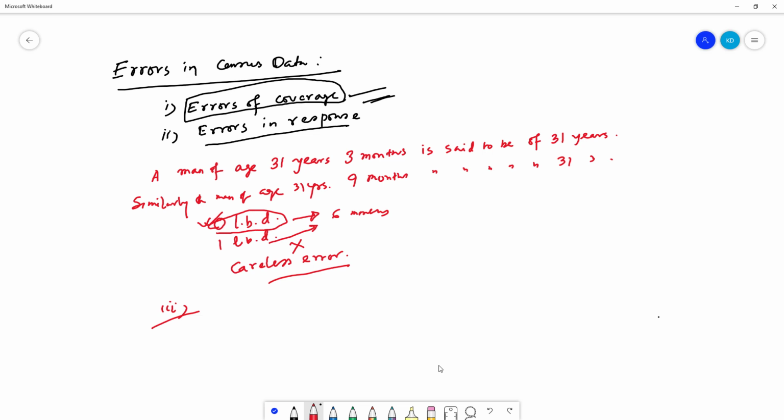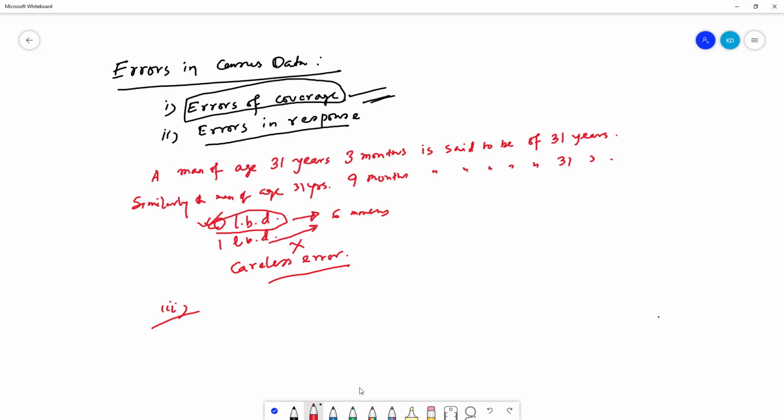Again, young people, especially women, have a tendency to understate their age after attaining majority. Old people, on the other hand, exaggerate their age to avail the benefits of senior citizens. This type of error may be called willful error. First careless error, and this one is willful error.